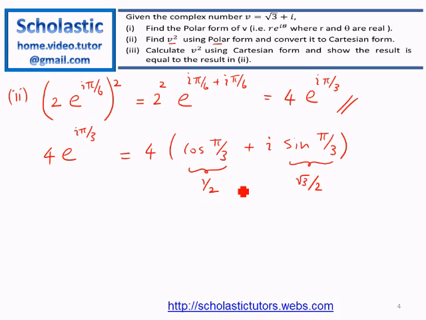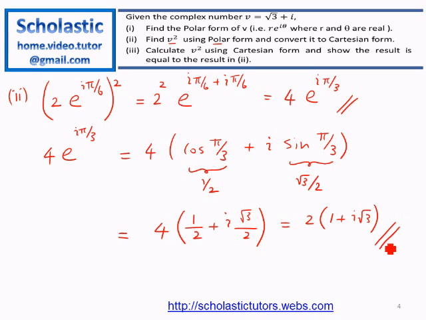This also is from our first principles. Therefore, we have 4 times half plus i root 3 by 2, which is equal to 2 times 1 plus i root 3. That is the value of v squared in rectangular or Cartesian form.